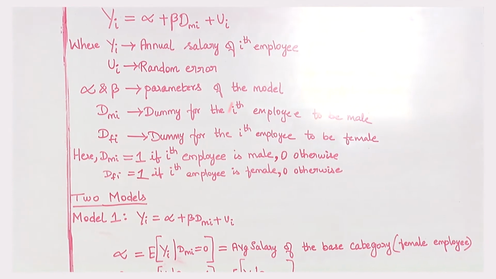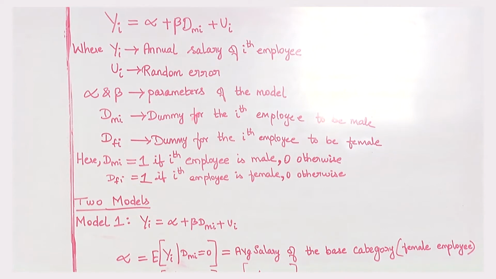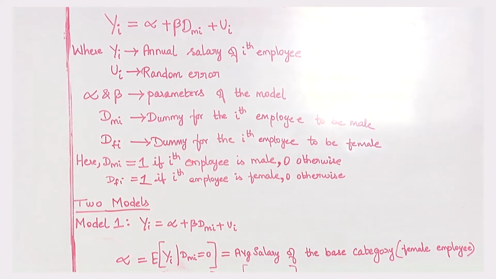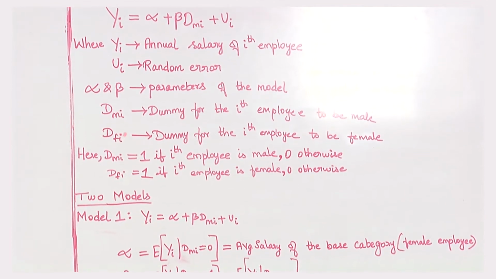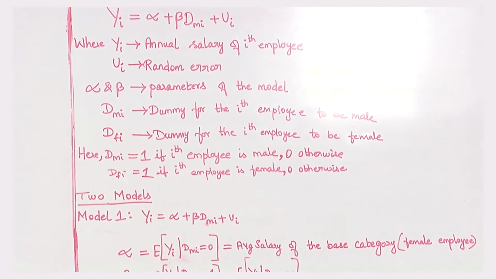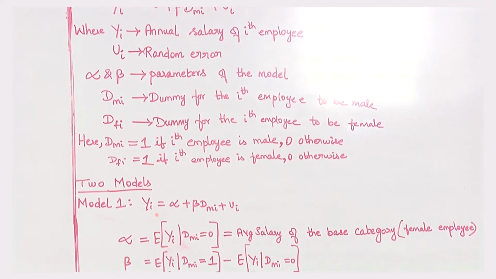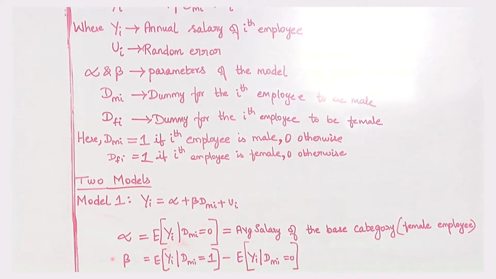In this one, we can specify two models based on their requirement to avoid the dummy variable trap. The first model is one dummy. Actually in the gender there are two dummies possible, we are including only one dummy with an intercept. So, in this model alpha and beta can be interpreted.